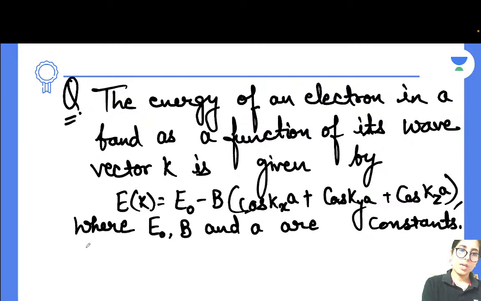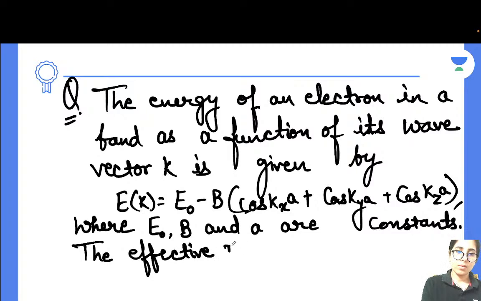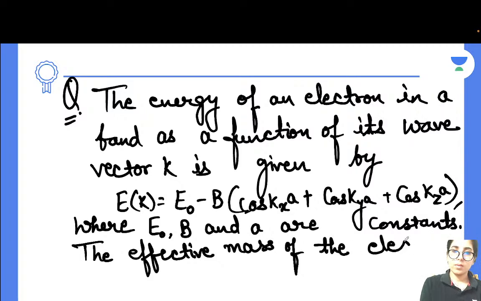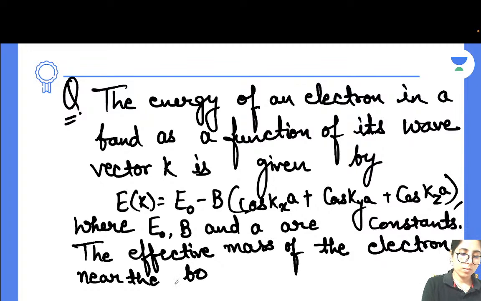The effective mass of the electron near the bottom of the band is.